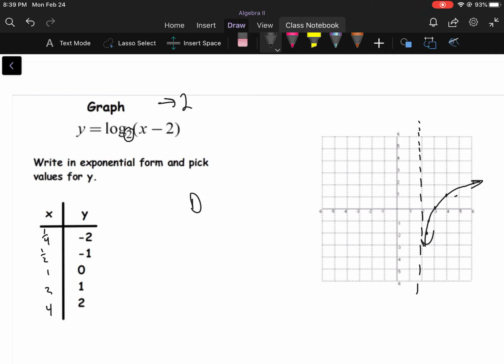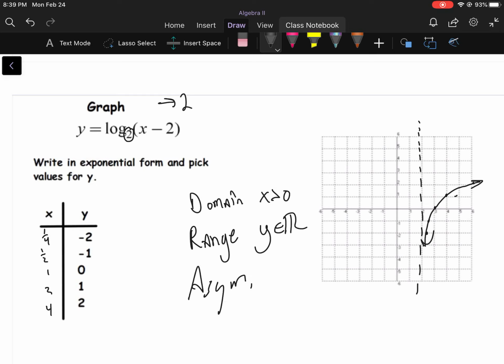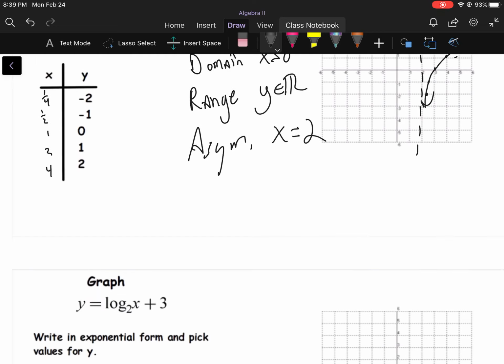Okay, where my domain's going to change a little bit because now x is bigger than 2. My range is y is all real numbers, and my asymptote is x is equal to 2.